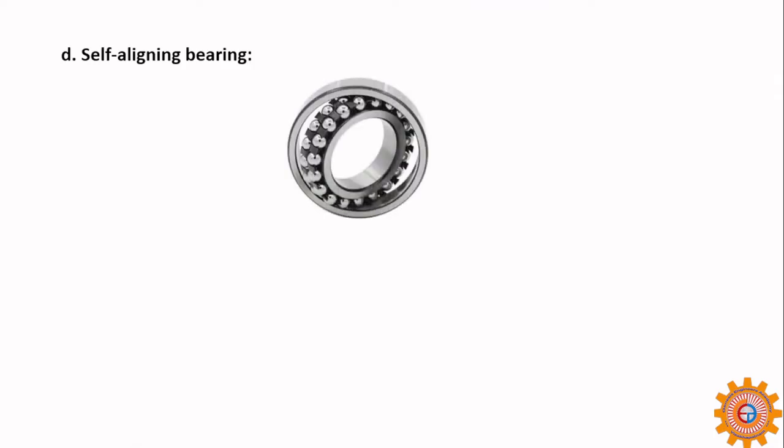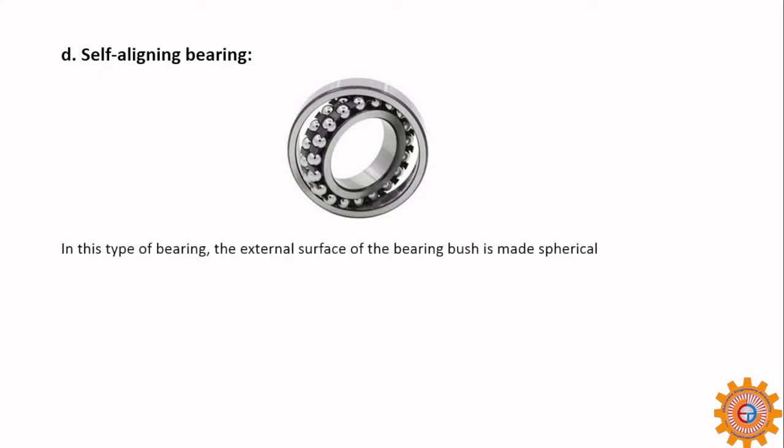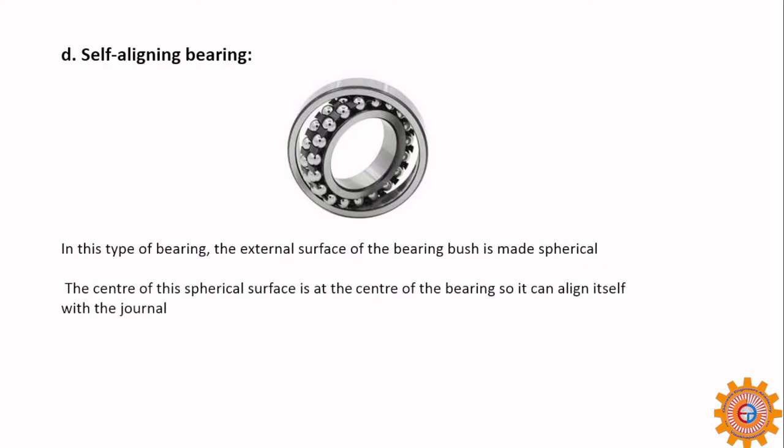The next one is the self-aligning bearing. If there are misalignments, this will provide very good provision for alignment. In this type of bearing, the external surface of the bearing bush is made spherical. Okay, so the center of this spherical surface is at the center of the bearing so that it can align itself with the journal.